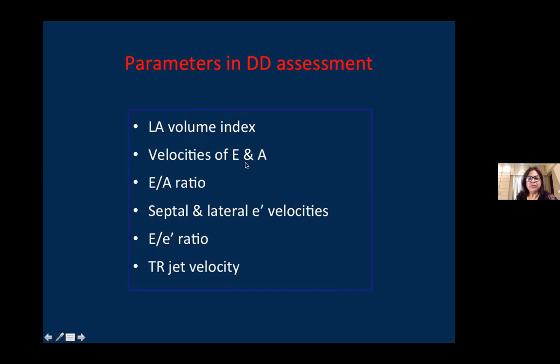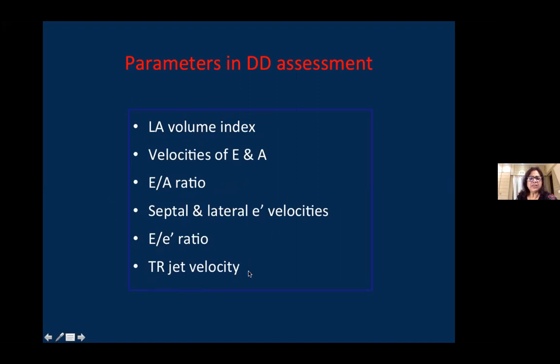We also look at the velocities of EA ratio. Then we go to the tissue Doppler imaging. We measure the septal annular velocity, lateral annular E prime velocities, and then we measure the E by E prime ratio to get an idea about the LV filling pressure. We also look at the TR jet velocity.